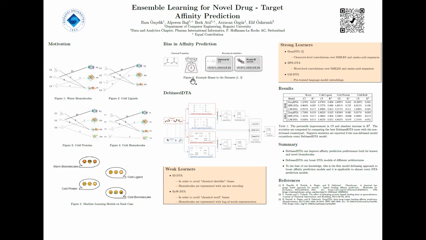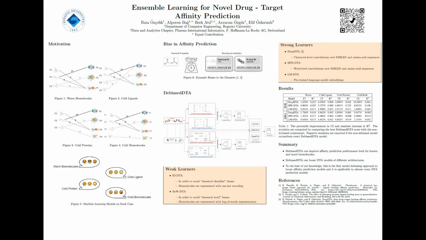We view this problem as a bias. We hypothesize that the main source of this problem is the bias in the drug target affinity prediction datasets. The literature says that the bias can either come from evident chemical properties such as number of hydrogen donor bond counts or molecular or surface polar area that can be exploited to separate actives from decoys.